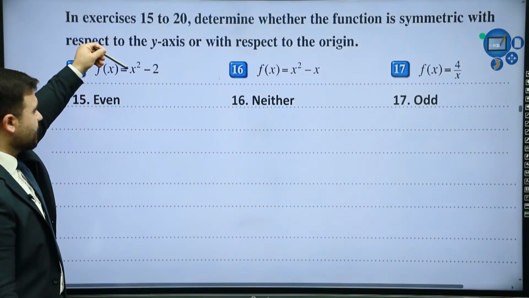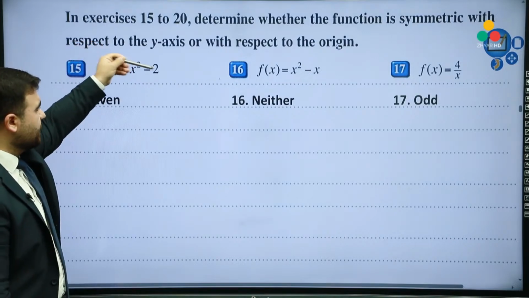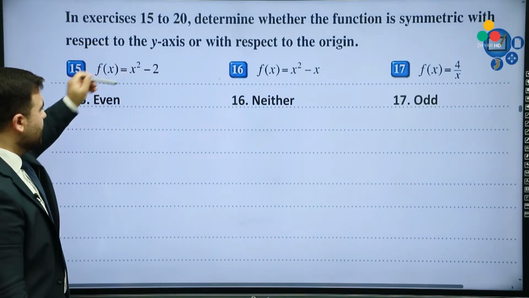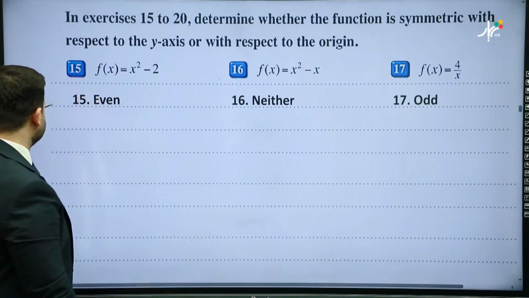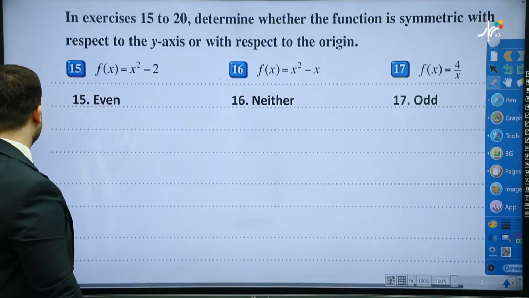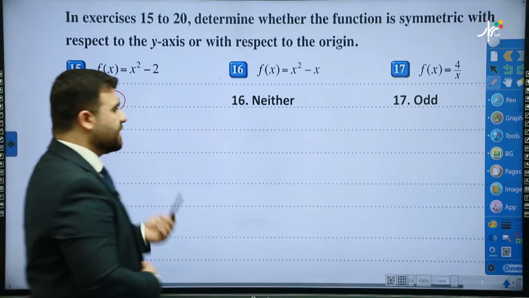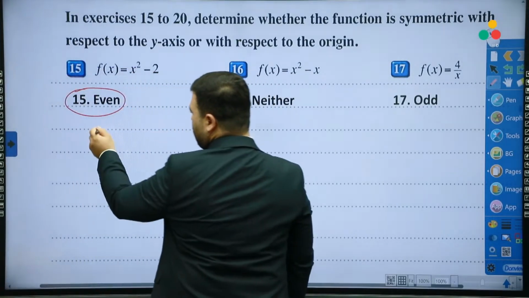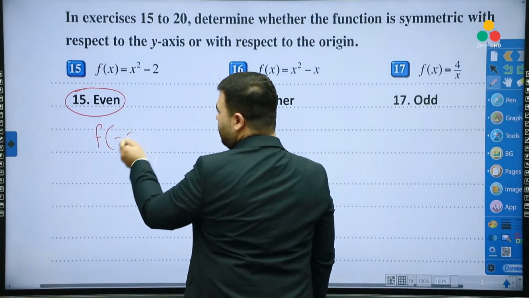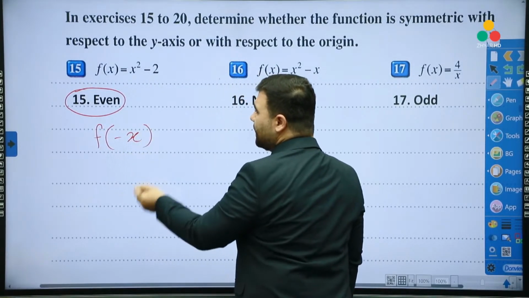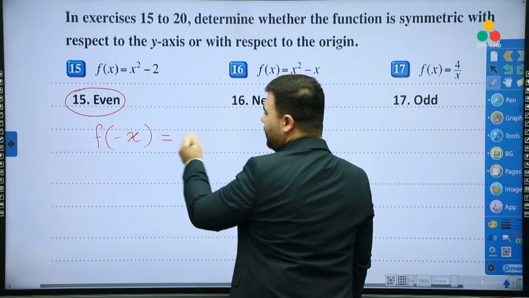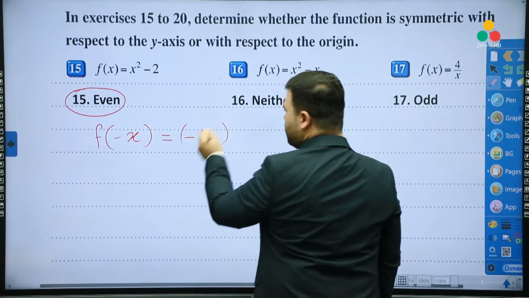This is even. X power 2 is even. Number is even. So even minus even is even. If I want to use the algebraic way to show that, first, f of negative x means replace each single x with negative x, will be negative x all squared.